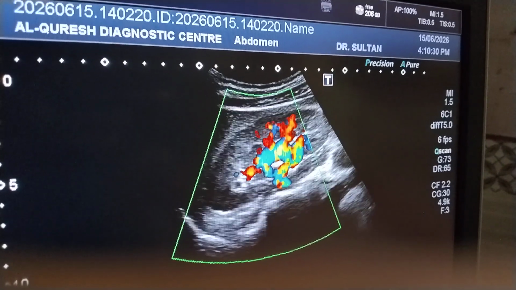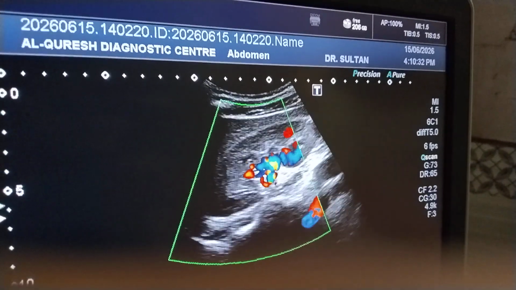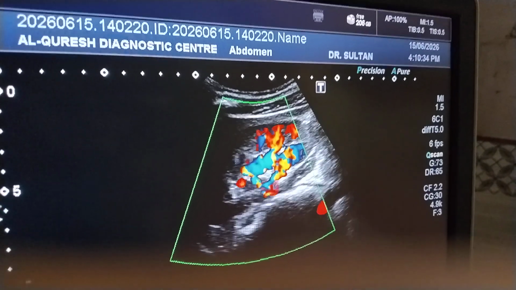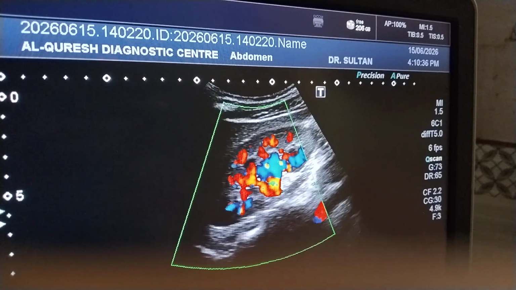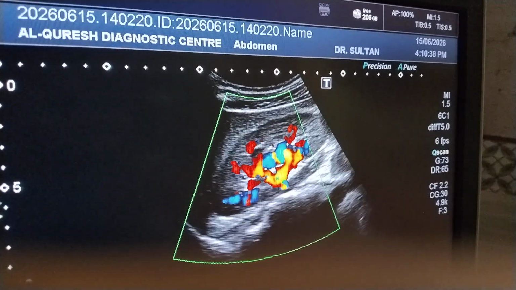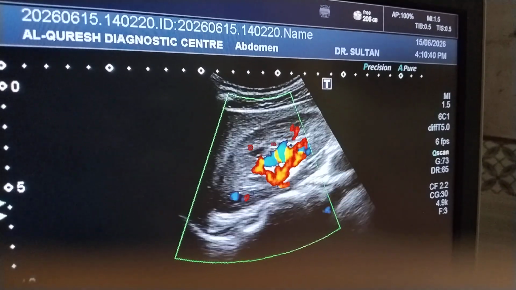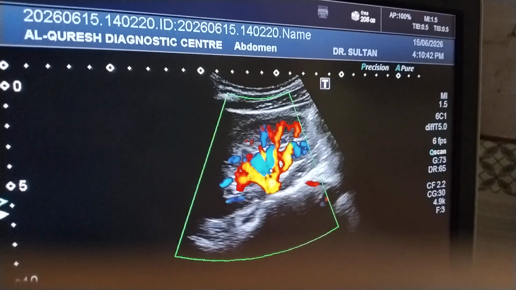So we can appreciate these. There should be equal flow towards the lower, mid, and upper pole region.